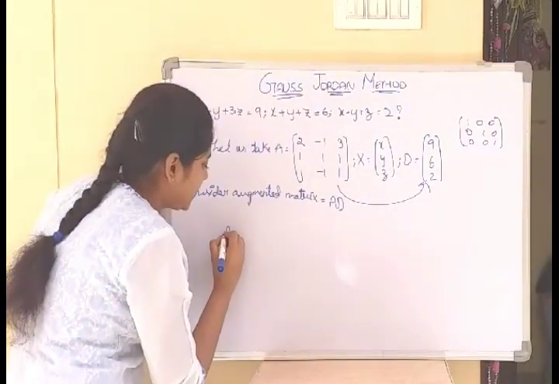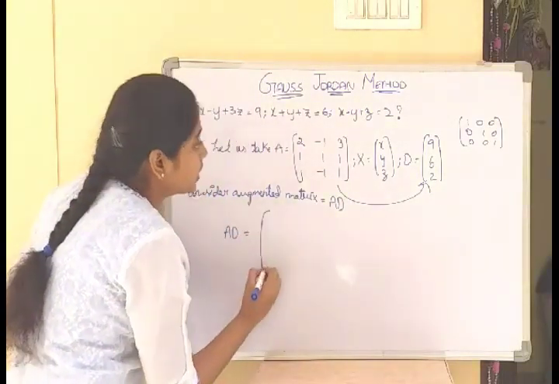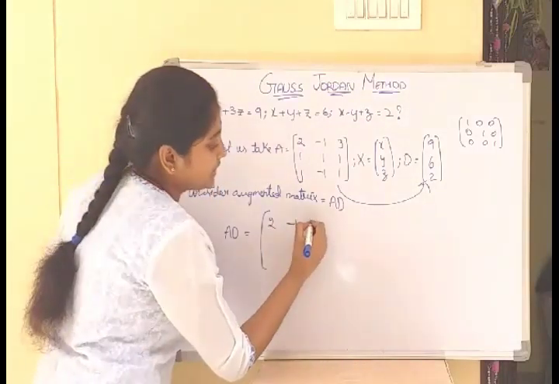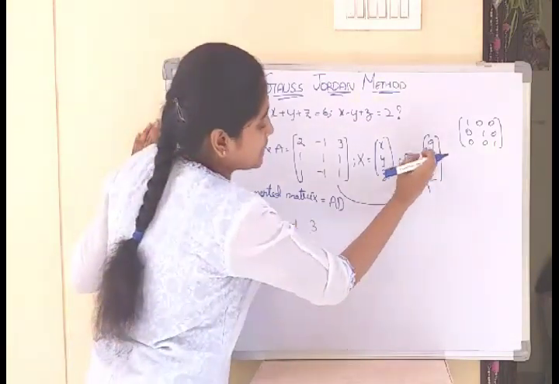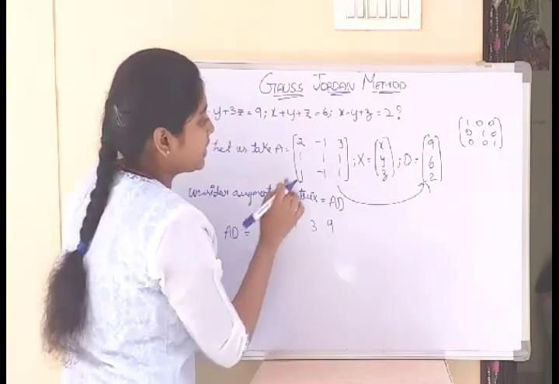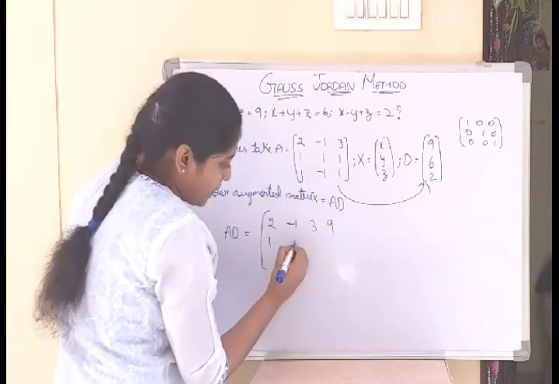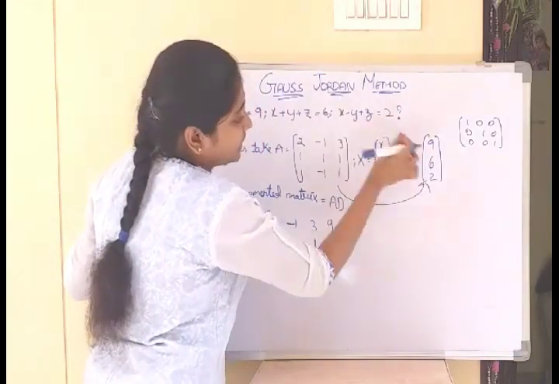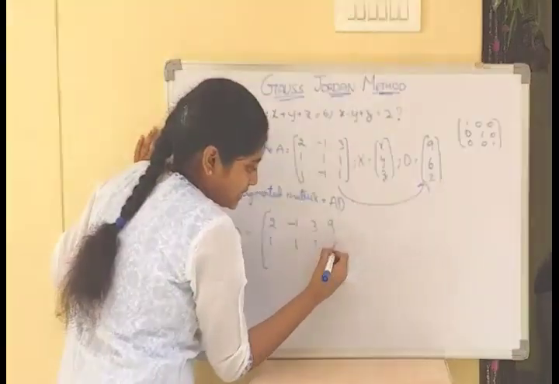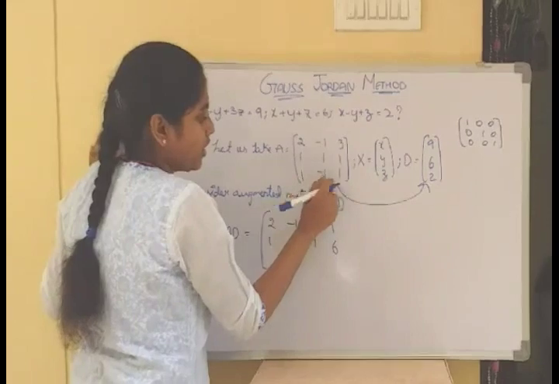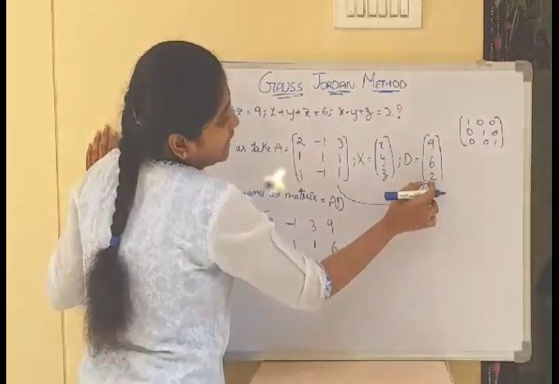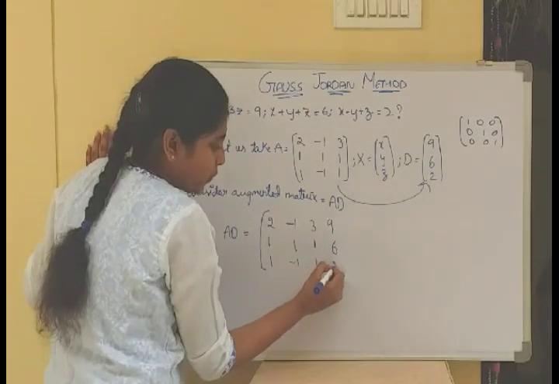So [A | D] is the matrix with first row 2, minus 1, 3 and the D value 9; then second row 1, 1, 1 and the constant 6; and the third row 1, minus 1, 1 and the last constant 2.